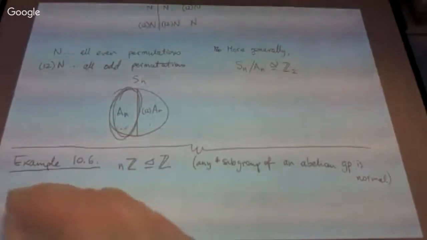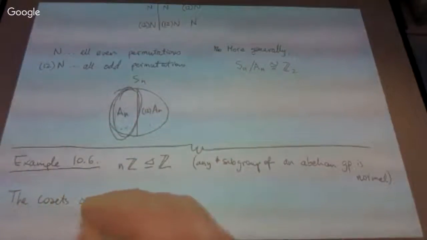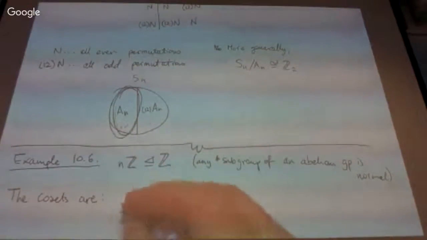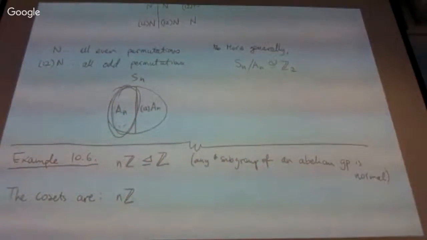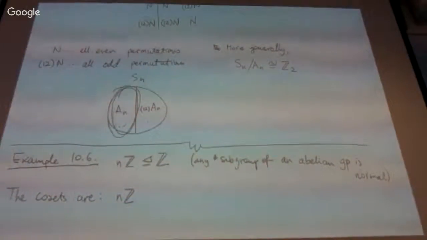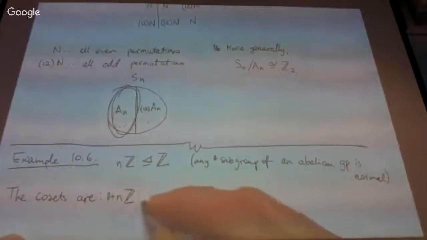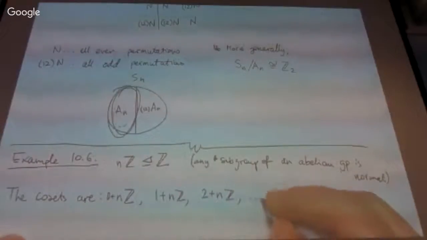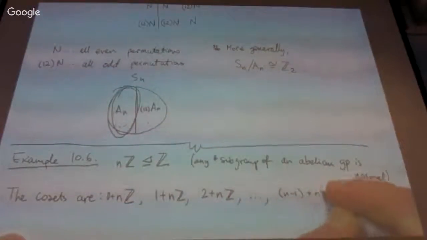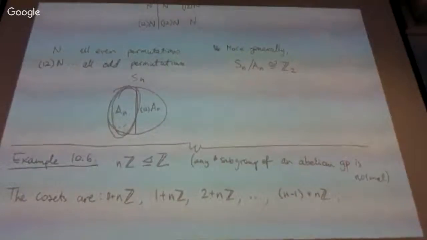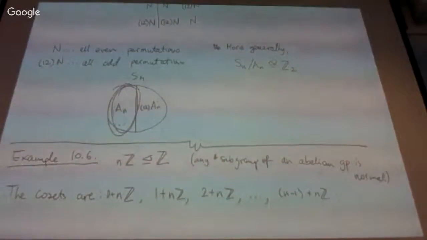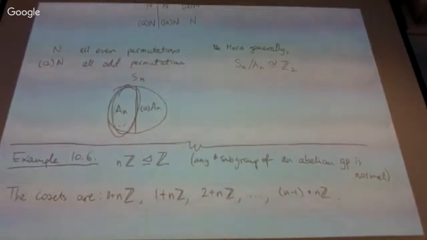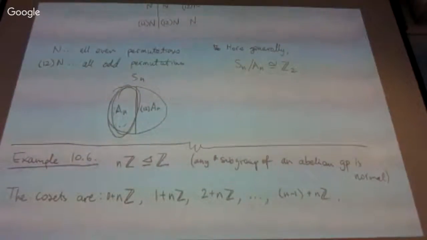So what are the cosets? Of course, you have nZ, which is the subgroup itself, the coset of 0. And you have 1 plus nZ, 2 plus nZ, and minus 1 plus nZ. They're called modular remainder classes, modulo n.